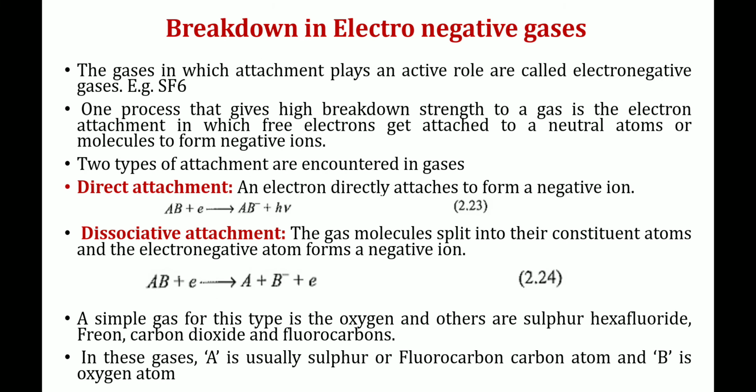Nothing much here. The basic thing we need to understand is how dielectric breakdown occurs in the presence of electronegative gaseous media. First we need to define what electronegative gases are, then the types of attachment processes. These are the two topics we have discussed.